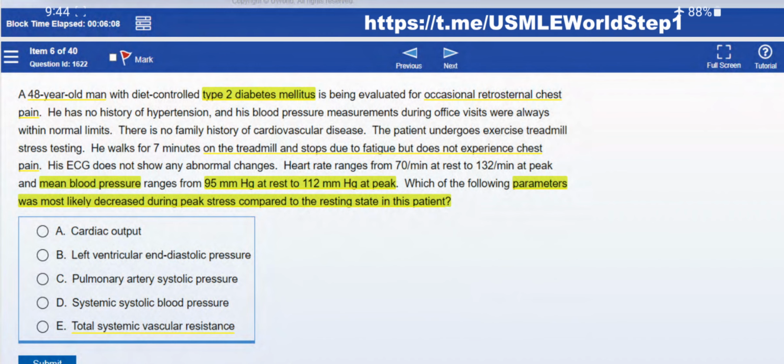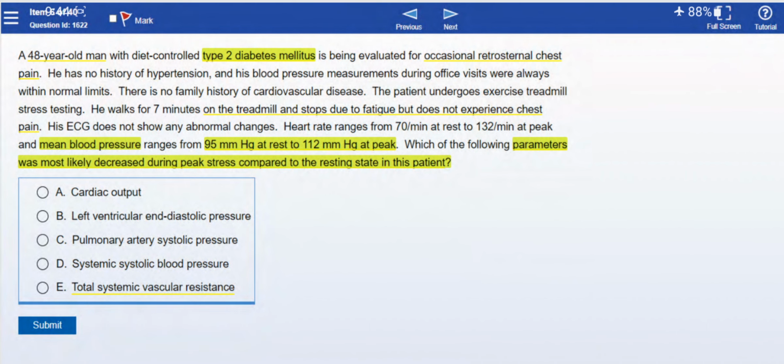Heart rate ranges from 70 per minute at rest to 132 per minute at peak, and mean blood pressure ranges from 95 mm of Hg at rest to 112 mm of Hg at peak. Which of the following parameters was most likely decreased during peak stress compared to the resting state in this patient?